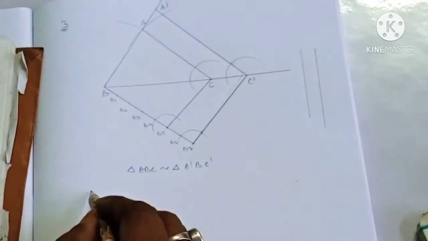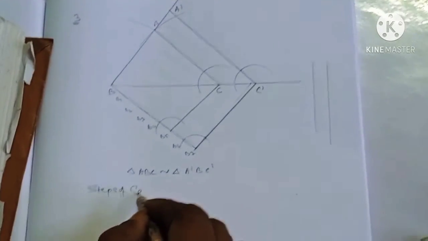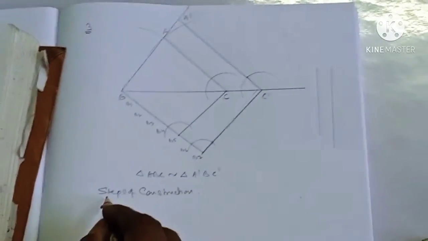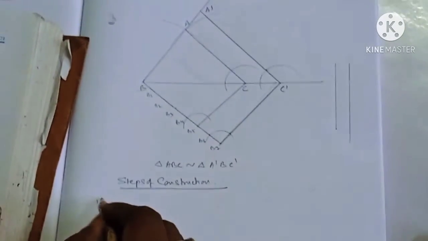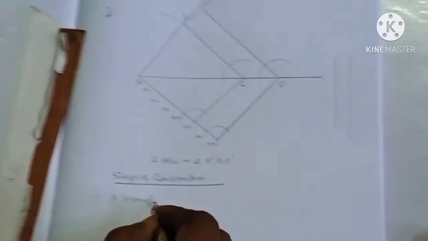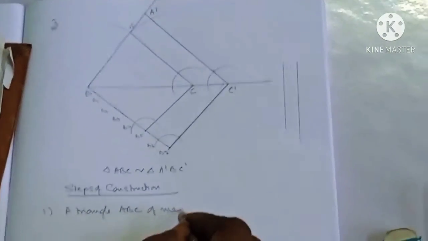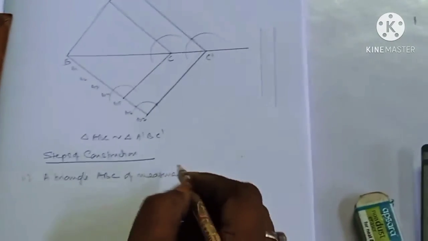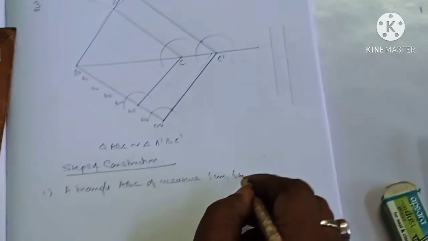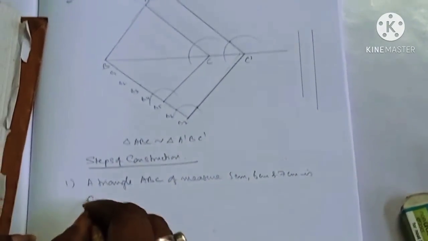and triangle ABC is similar to triangle A dash B C dash. Here are the steps of construction. First, a triangle ABC of measure 5 centimeter, 6 centimeter and 7 centimeter is drawn.